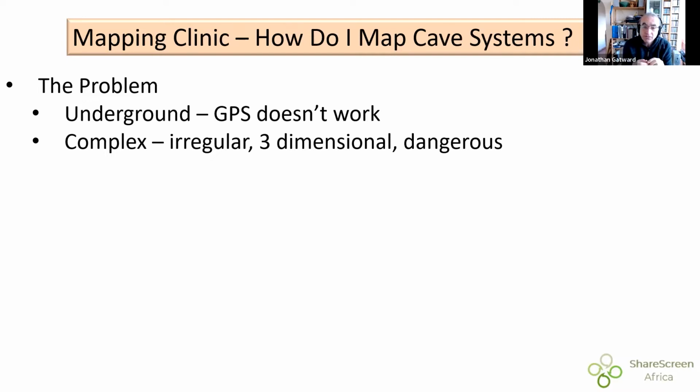But it can't get the fix on the satellites if you're underground, or indeed if you're under a significant tree cover, or even in urban areas, if you're surrounded by very tall buildings. It narrows the view of the sky to be able to get the fix of the satellites. And although you may be able to get some type of locational reference, it won't be as accurate. So using GPS underground is a problem.